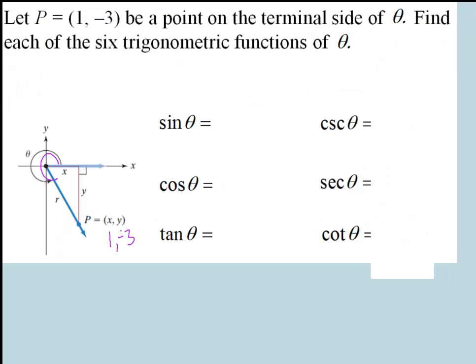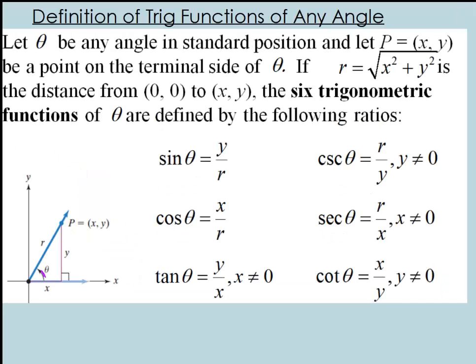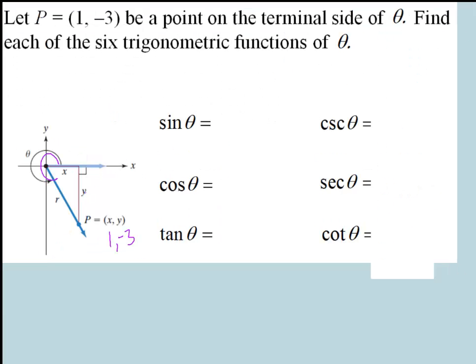You have this point P at (1, -3), and the angle theta goes down to this point. The terminal side is in the fourth quadrant. What are the six trigonometric functions of theta? If we're talking about the sine, we're talking about the angle theta, so the sine of theta is y over r.